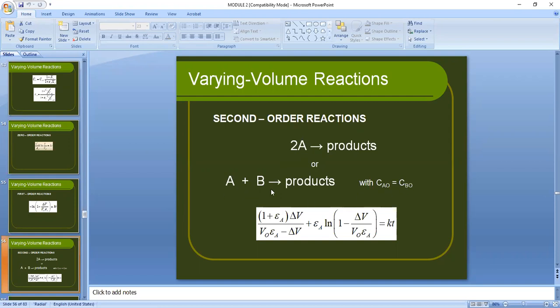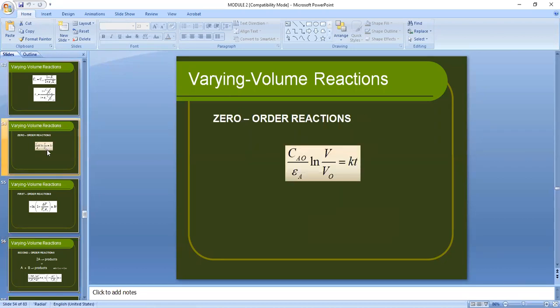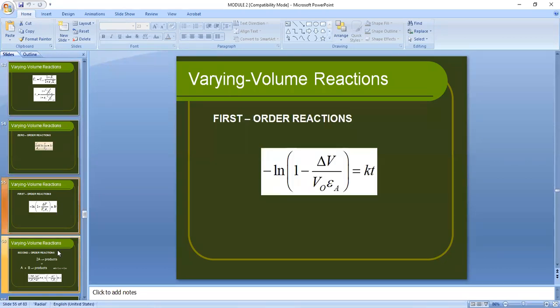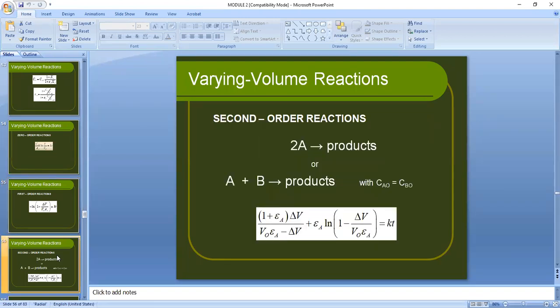If these two species do not have equal initial concentrations, then you cannot use the formula that you have in here. So this formula is limited to these two scenarios here. So you have actually three ready-made formulas for varying volume reactions from zero order to second order.